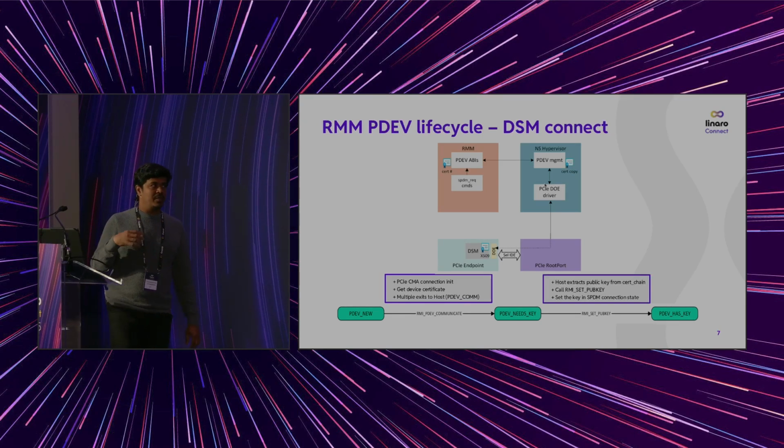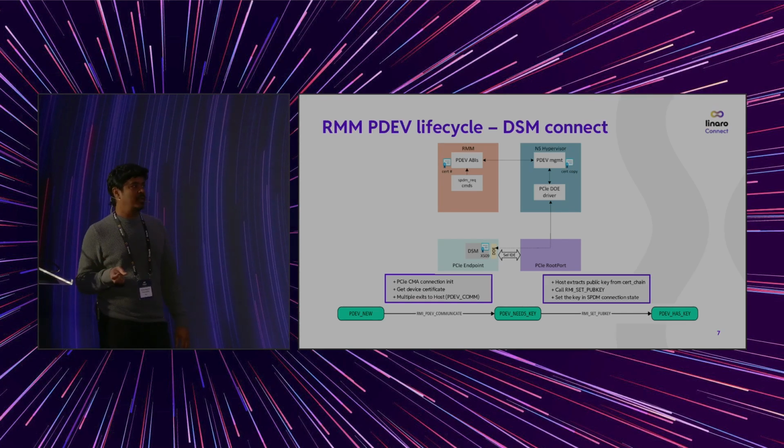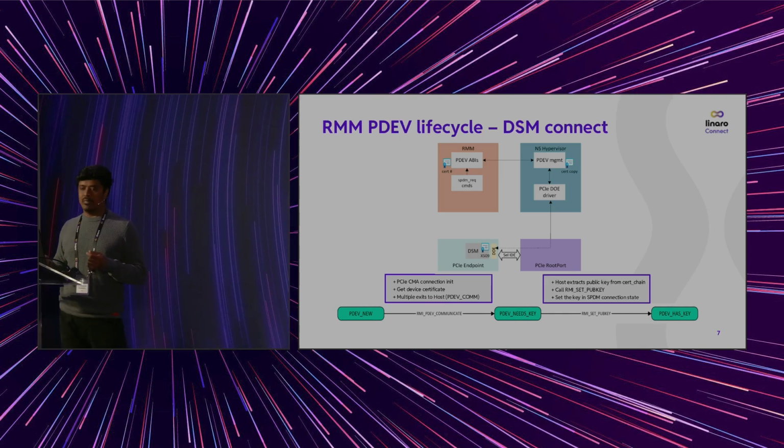As part of this activity, the hypervisor holds the entire copy of the certificate, and during the PDO communicate call, RMM computes the hash of this certificate, which will later be used for device attestation purposes.